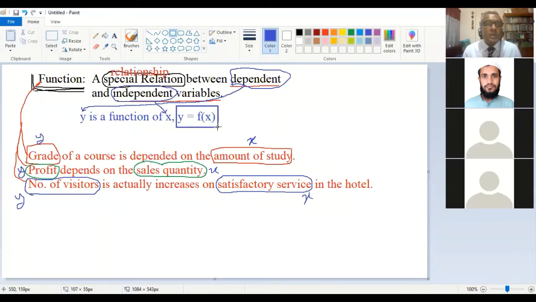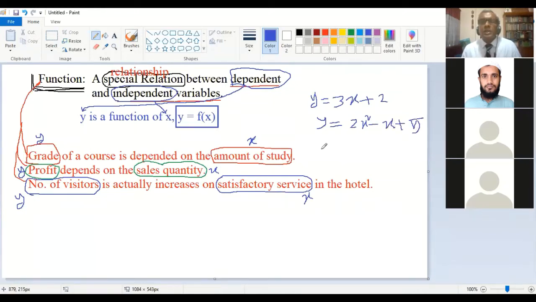Okay, so when you understand the function concept, y equal to f(x) is actually the standard format. This is the form we write for a function. But in equation form, in mathematics, we can have many examples like y equal to 3x plus 2, possible. You can write y equal to 2x squared minus x plus 5, possible.